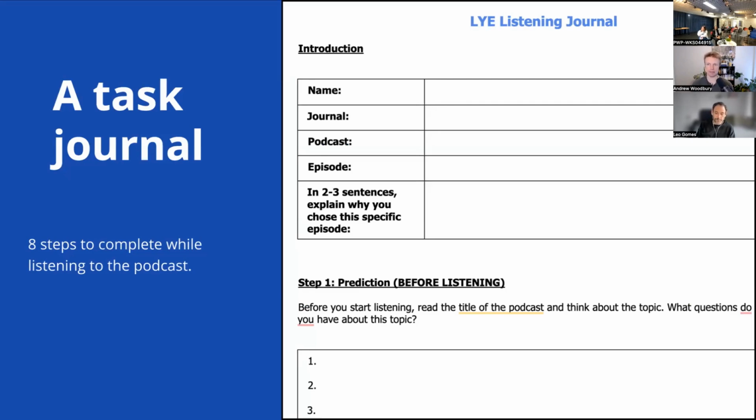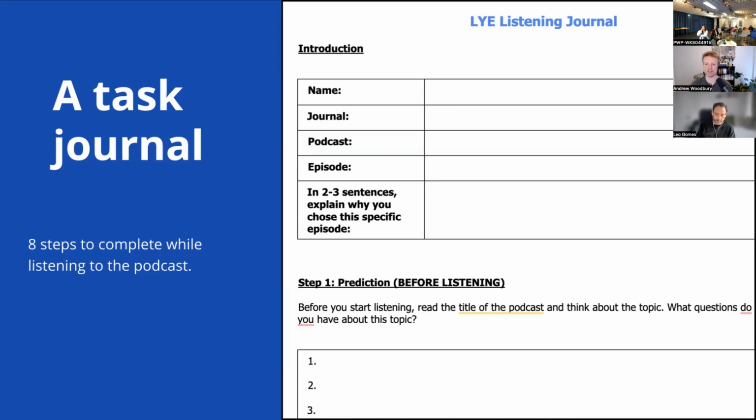There were 8 tasks or 8 steps to complete as they went through each episode, all hopefully geared towards building autonomy, independence. Yes, learning the skill of listening, but being able to take from the podcast what they felt was meaningful for them. So at the very beginning, they just put their name, the name of the podcast, the episode, and sentences why they chose it.